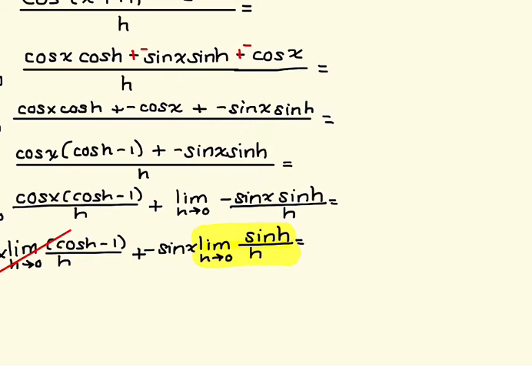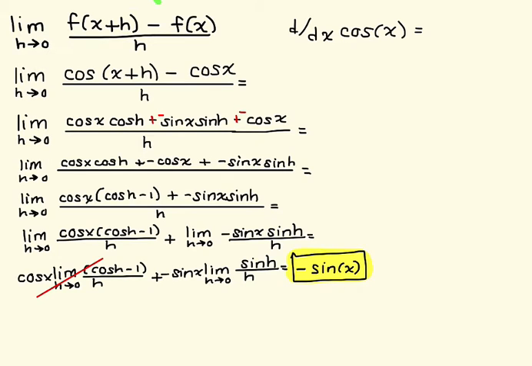So that means what's left is the negative sine of x times 1. So the derivative of the cosine of x is the negative sine of x. We just derived it. So you can put that up here. It's the negative sine of x.